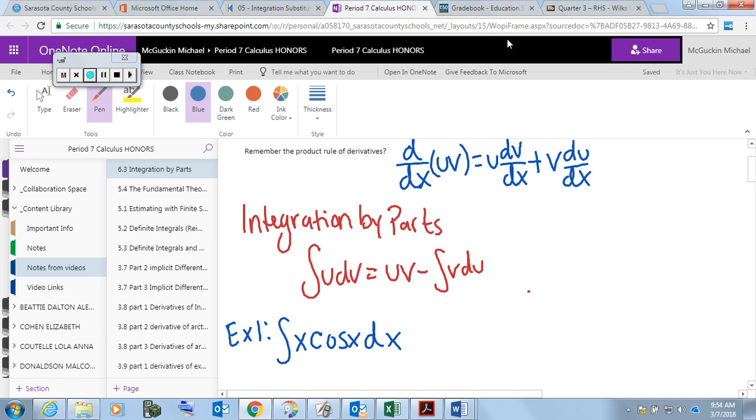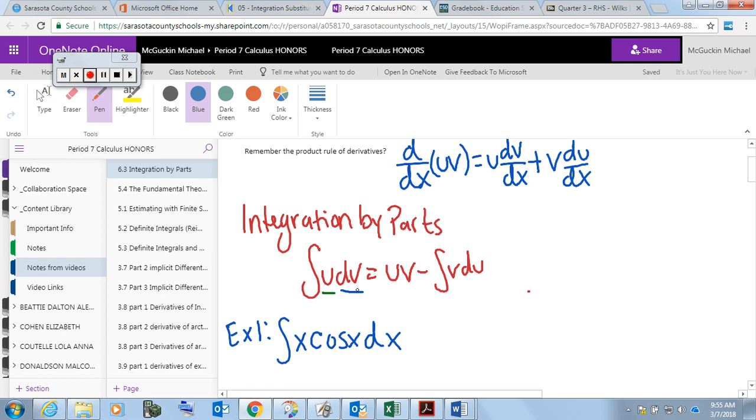Like I said, our goal with integration by parts is to separate and find a u and then to separate and find a dv. They're the two parts, quote unquote, that we are looking for here.